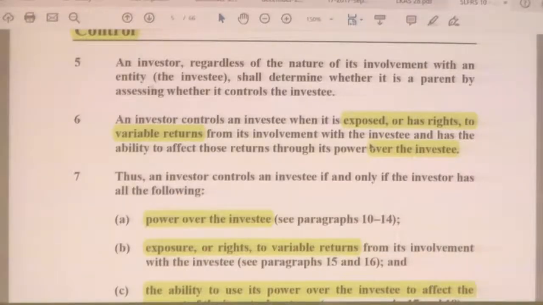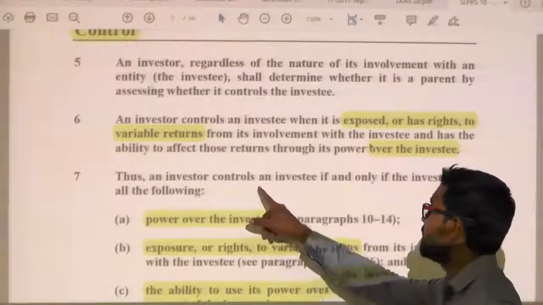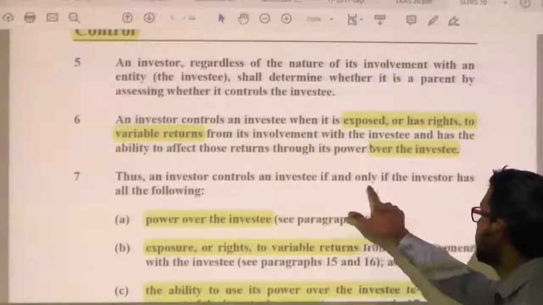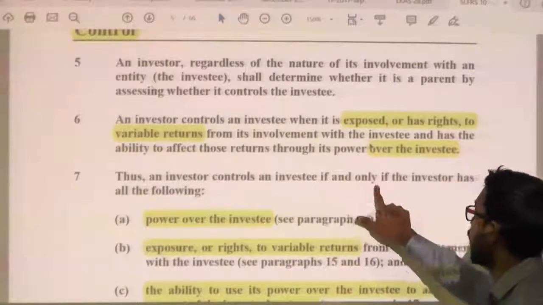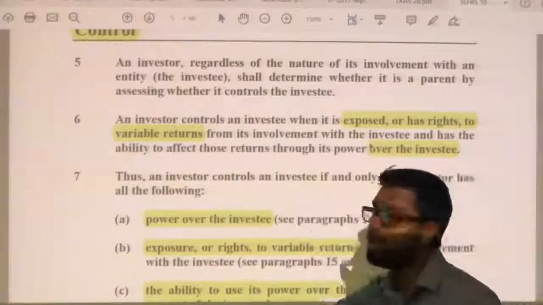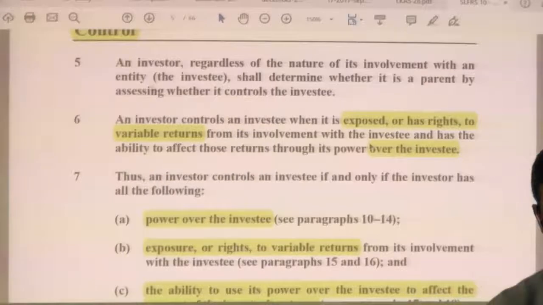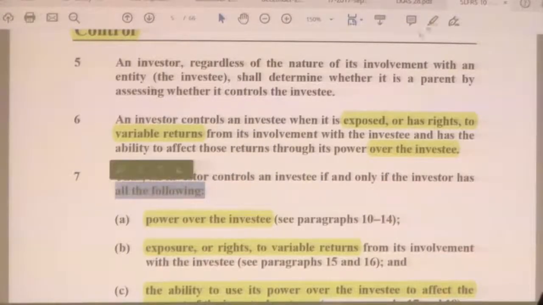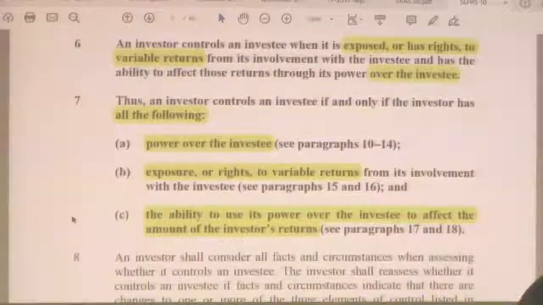That is control, right? Thus, an investor controls an investee if the investor has all the following. If you are satisfied with only one requirement, you can't say you have controlling power. All the following.